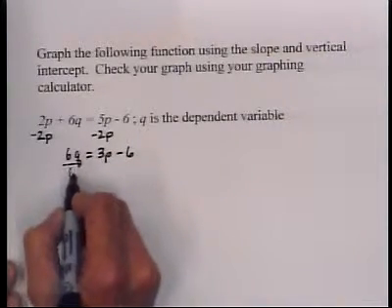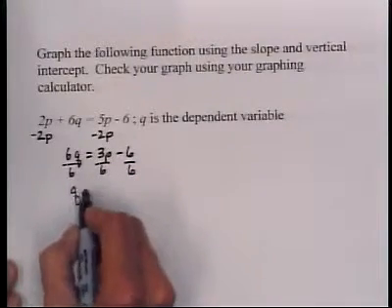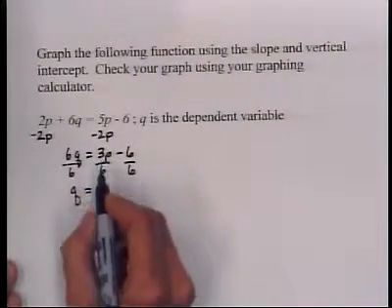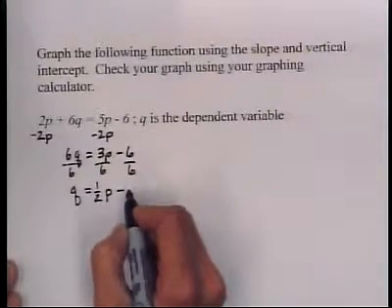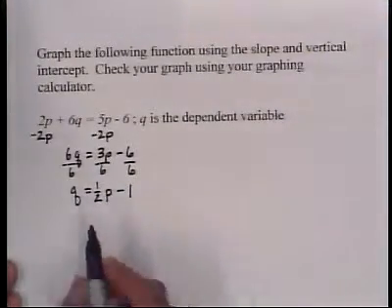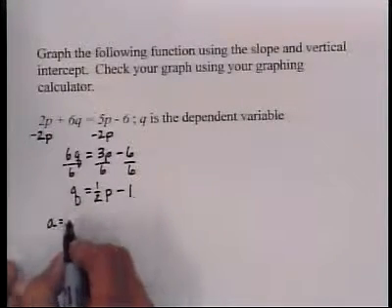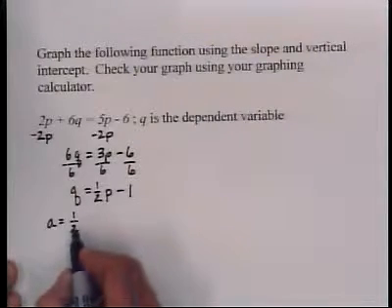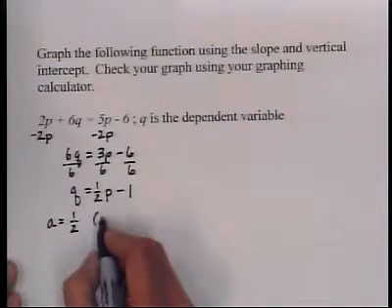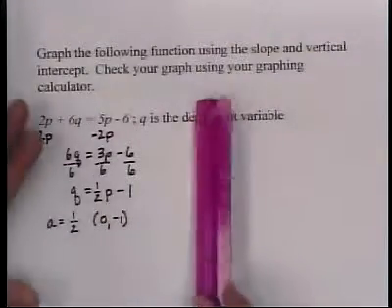Now divide by 6 every part of the equation and simplify to get q equals 3 over 6, which is 1/2 p, minus 6 over 6, which is 1. I've got slope-intercept form. The slope is 1 over 2, vertical change 1, horizontal change 2. The vertical intercept is the ordered pair (0, negative 1). So I'm going to draw a coordinate system.